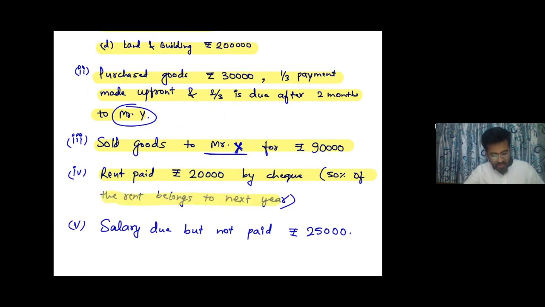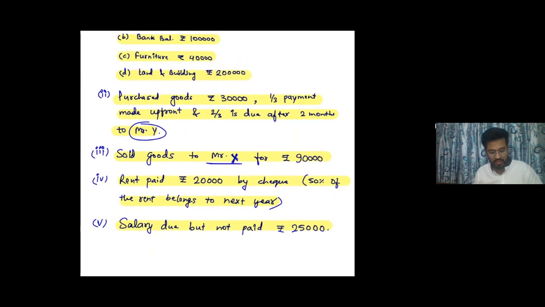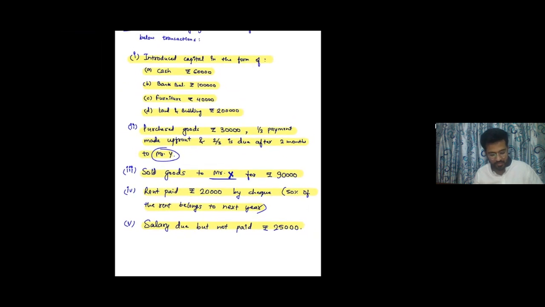50% of the rent belongs to the next year, so 50% belongs to the current year. And at last, salary due but not paid rupees 25,000. Now you have to pass all the journal entries. Let's say this is the whole year, and only these transactions have taken place in the books of accounts.